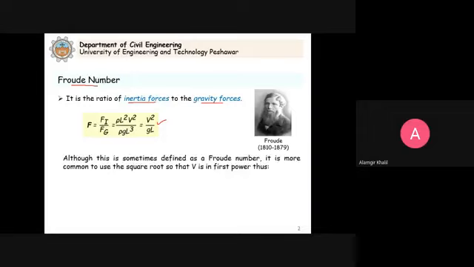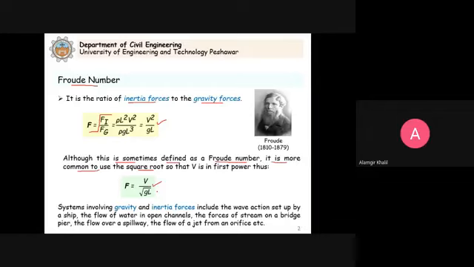That's why it is written in your textbook that although this is sometimes defined as the Froude number, it is more common to use the square root, meaning you take the square root of this quantity. So we can commonly express this in this form, which is what we have used analyzing open channel flow problems: V divided by square root of gL.